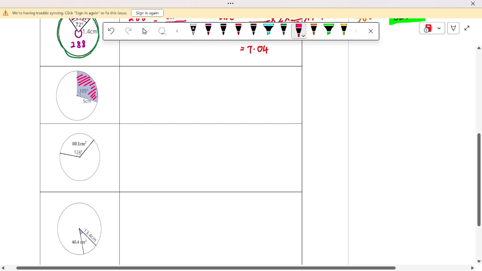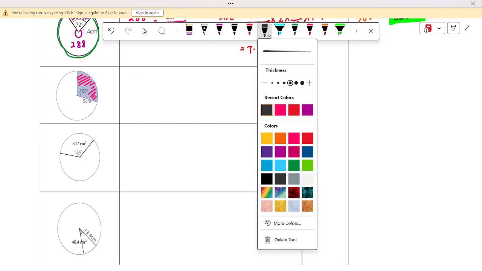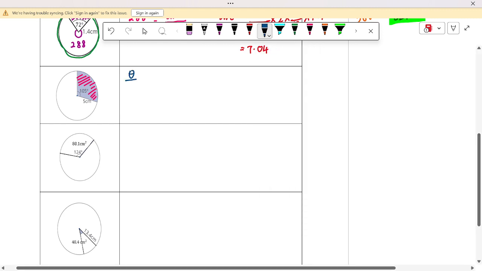So your formula for area of sector is theta over 360 times area over pi r squared, its radius power 2.